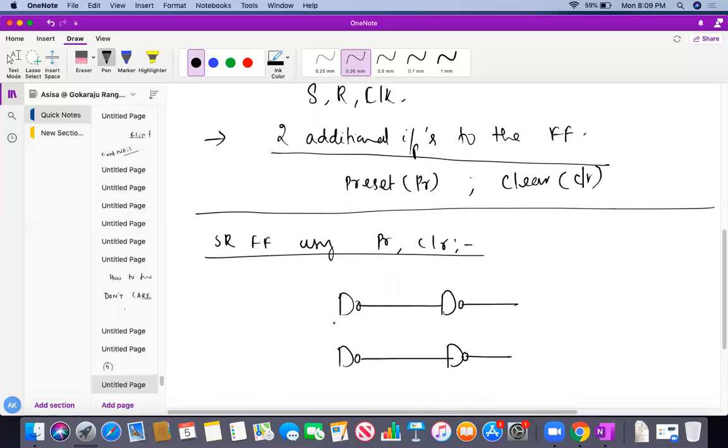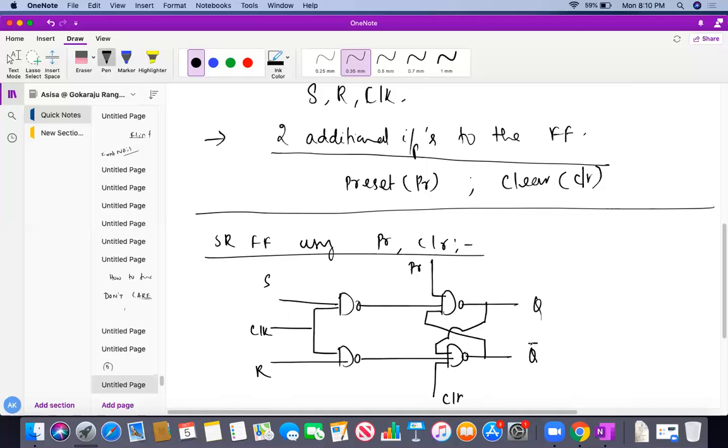This is my clock, this is my S, this is my R, and these are my cross coupling inputs for gates 1 and 2. Here I'm keeping two extra inputs, one is PR preset, another is clear, and this is my Q and Q bar.